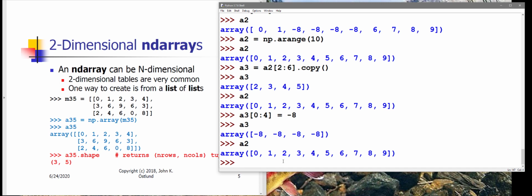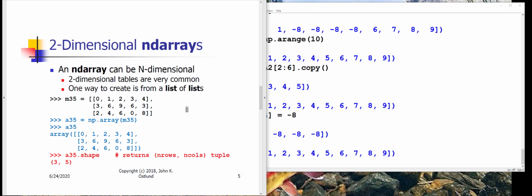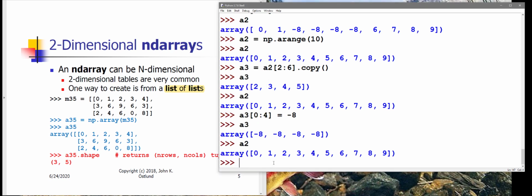Now, let's suppose that we want a two-dimensional ND array rather than just a one-dimensional sequence of values. There are various ways that you can create two-dimensional ND arrays. One simple way is to use a list of lists rather than a single-dimensional list or single-dimensional iterable.